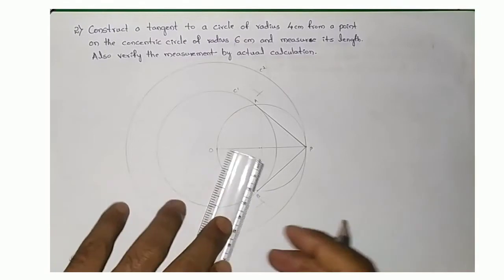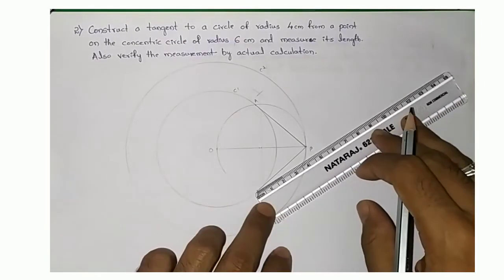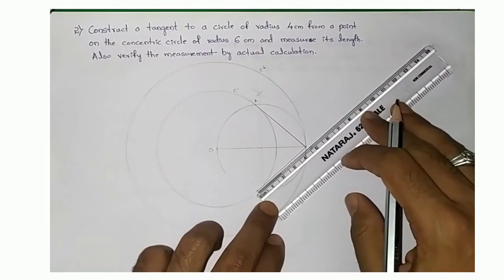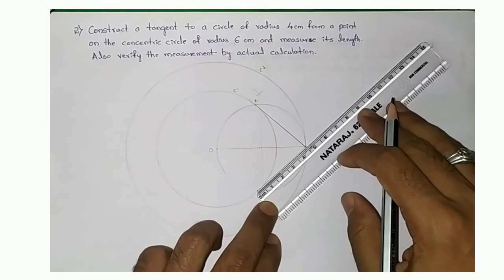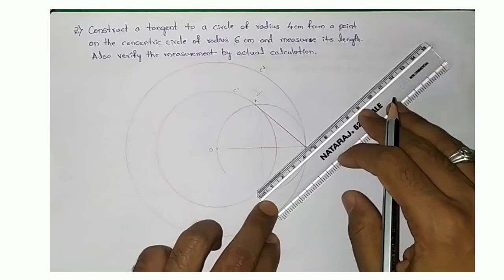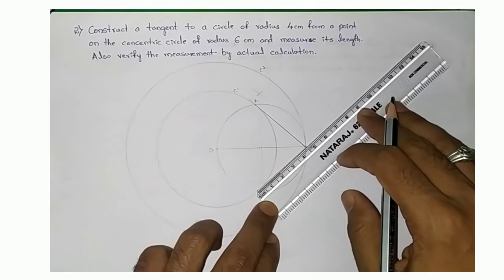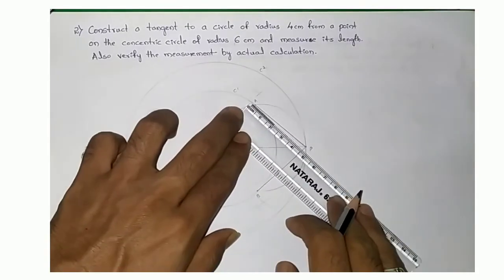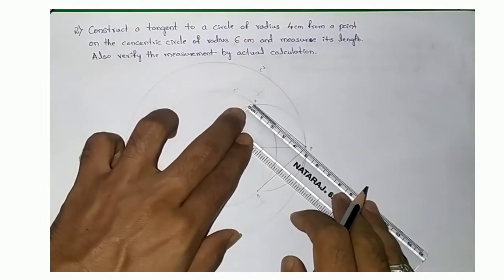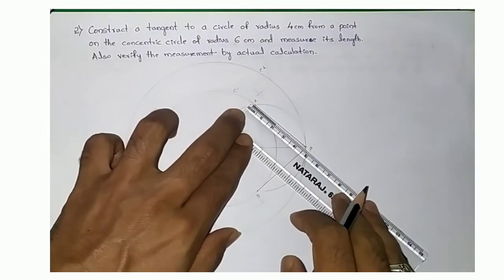Now measure them. The length of the tangents will be 4.6, approximately 4.5 here. PA and PB both are 4.5 centimeters.